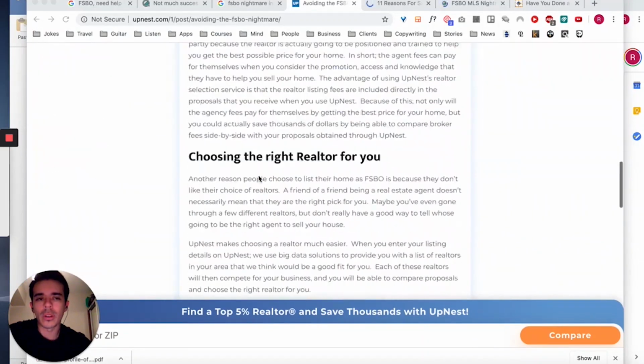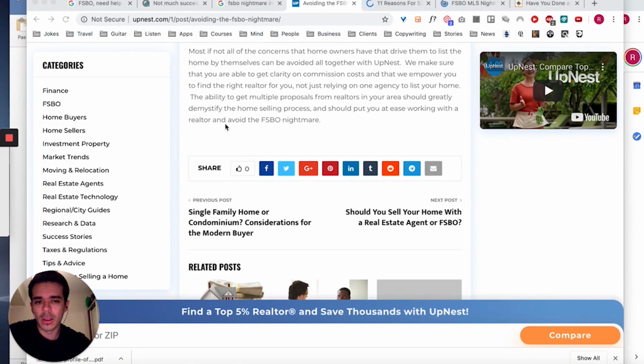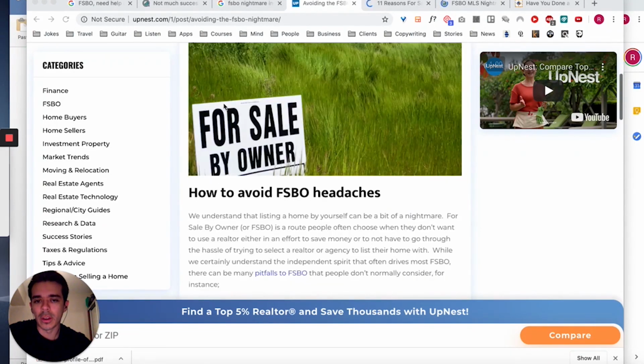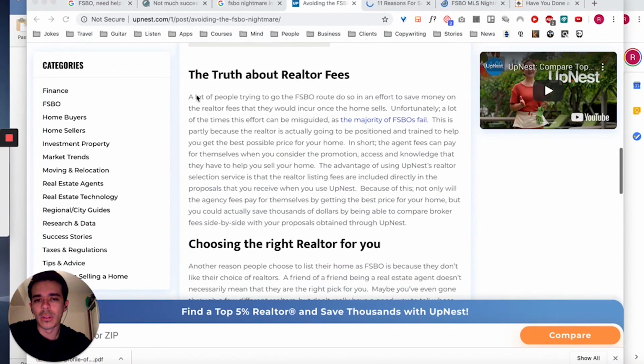Okay, so this is an article. I'm just going to check really quickly to see if there are any replies to this, because sometimes it's really good to like check the comment section here. So, the truth about realtor fees. So they'll do it because they want to save money.